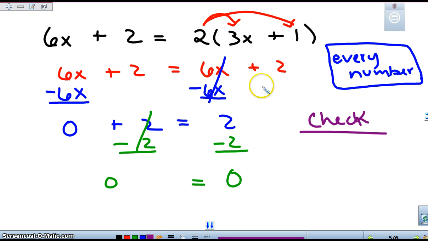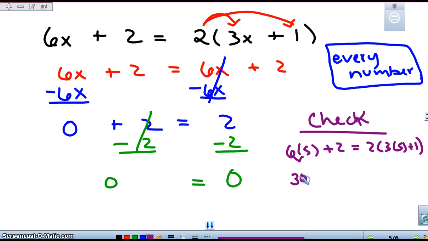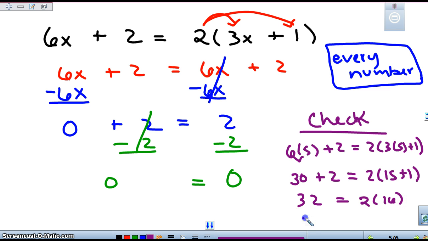If my favorite number is 5, I would say 6 times 5 plus 2 has to be equal to 2 times 3 times 5 plus 1. 6 times 5 is 30 plus 2, which is equal to 2 times 15 plus 1. 32 has to be equal to 2 times 16. 32 is equal to 32. Why did I choose the number 5? Just because it was my favorite number. But any number I would have chosen would make this equation true.